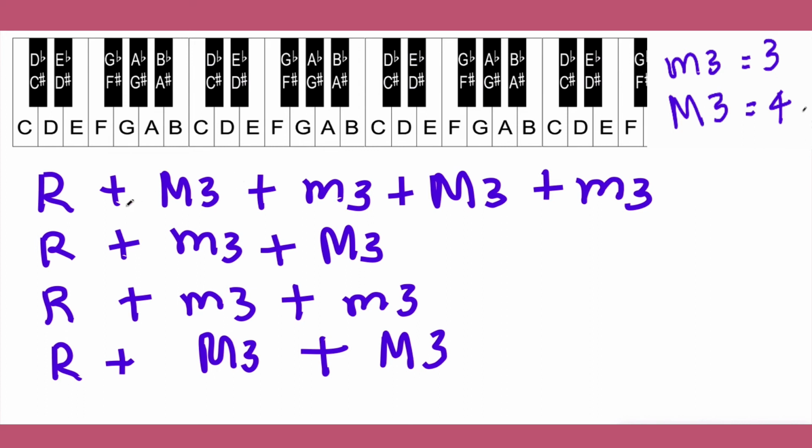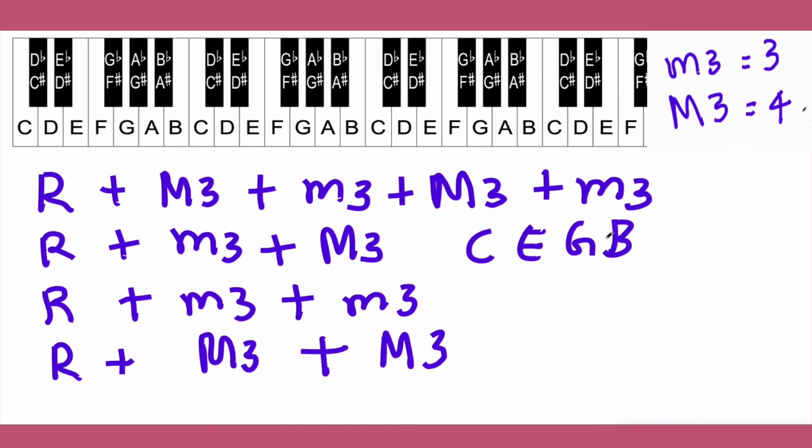All right, so let's try out what chord this is. Let's take the example of C, right? Major third would be 1, 2, 3, 4. That's an E. And minor third is 1, 2, 3. That's a G. And then a major third from there, 1, 2, 3, 4.